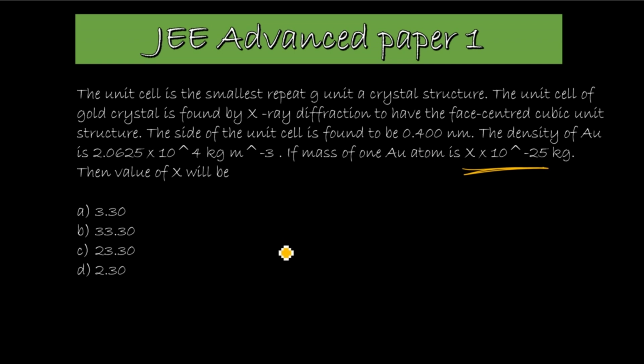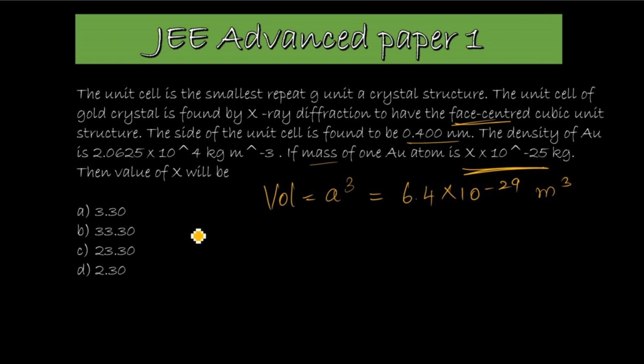So we are just going to apply it into the formula. So volume, we can get it from our side of the unit cell, that is a cube, face centered cubic. So which will be our 6.4 into 10 to the power minus 29 meter cube. Then they are asking for the mass. So mass is equal to density into volume.